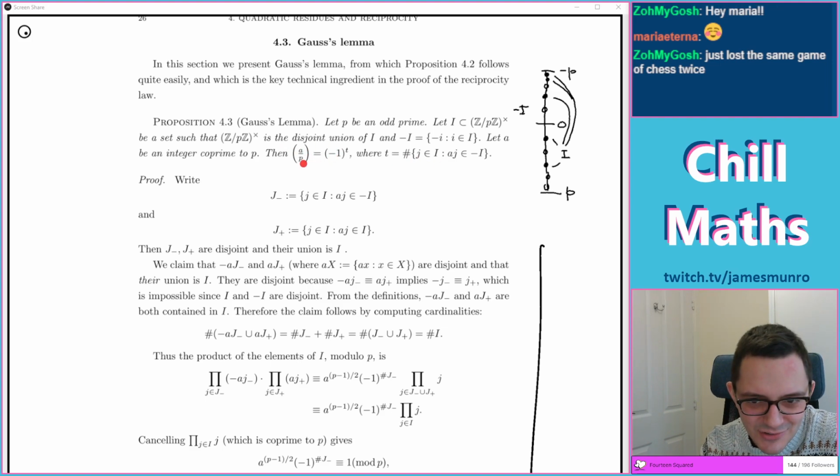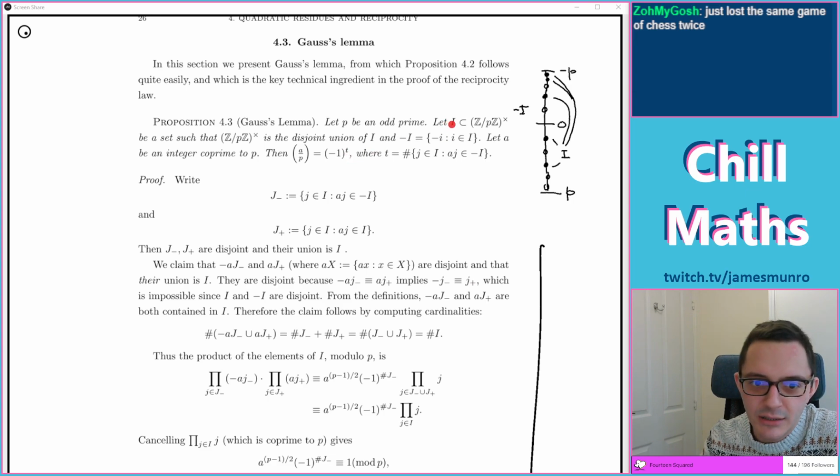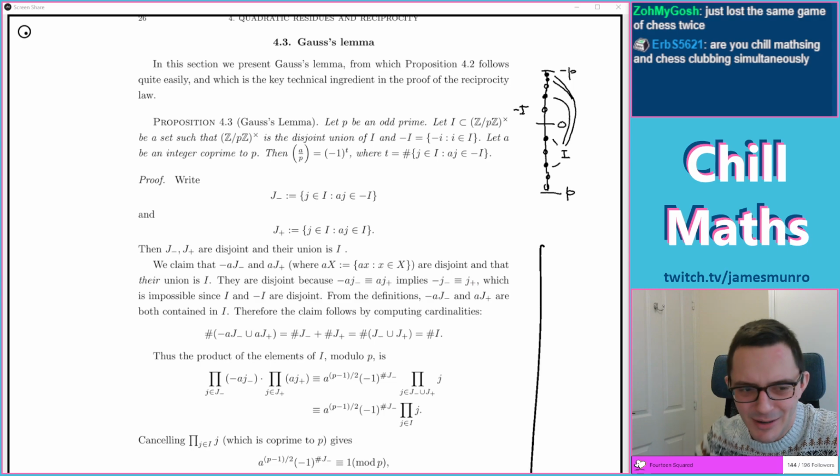Because this thing is just the Legendre symbol, A over P, is a quadratic residue mod P: 1 for yes, -1 for no. And this says, ooh, it's either 1 or -1. What you should do is just choose your favourite set I of about half the things, so that I and minus I cover everything up to multiples of P.